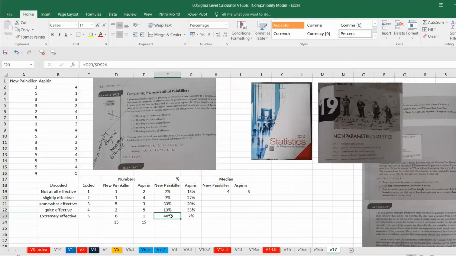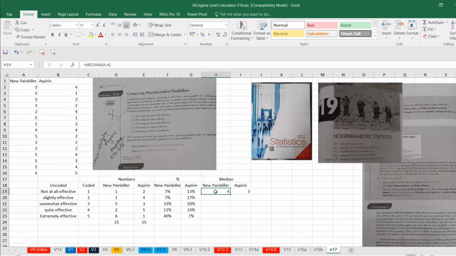The best number here is 40, meaning extremely effective, and here it is 33%, quite effective. We can't conclude that. That's the reason we need some techniques, like the non-parametric tests Mann-Whitney or Wilcoxon.